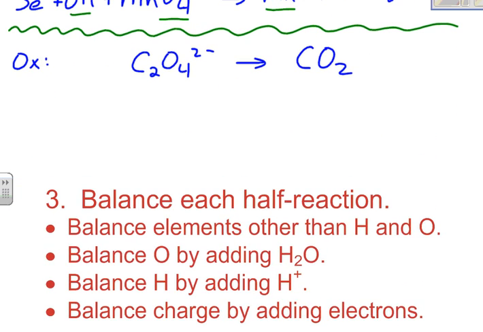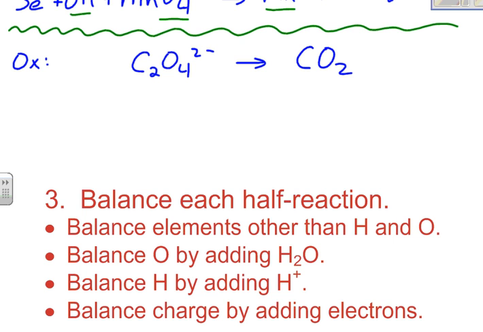All right, so keep our rules here. So we're going to balance the elements other than hydrogen and oxygen. So here we do have to balance the carbons. So if I put a 2 in front of the CO2, that's going to do a pretty good job balancing the carbons. So I have 2 carbons on the left, 2 on the right.